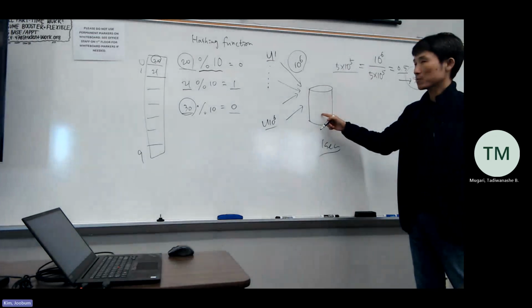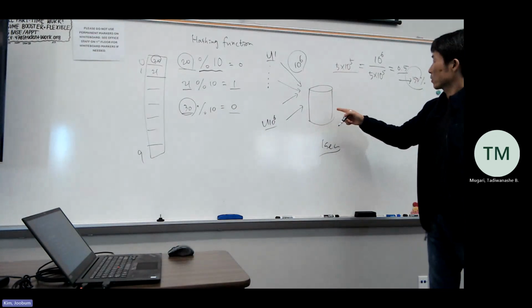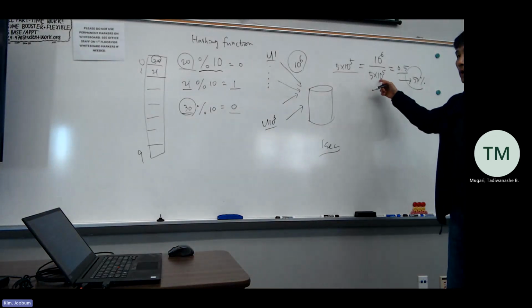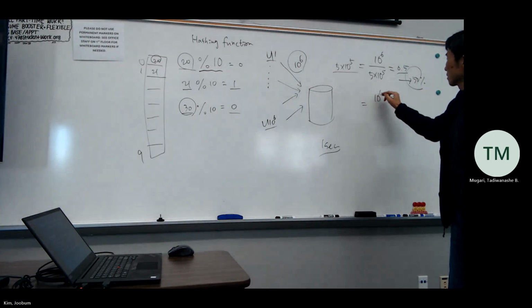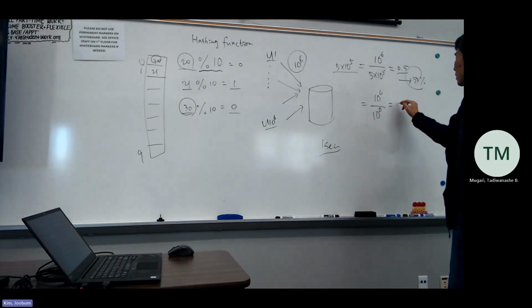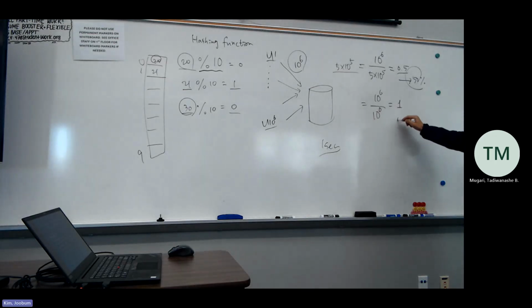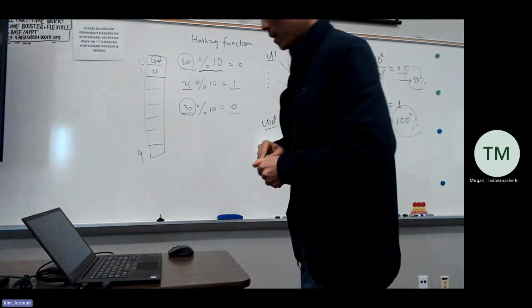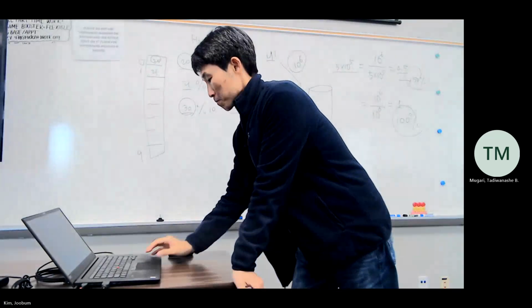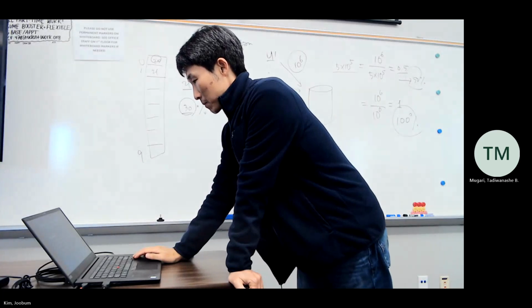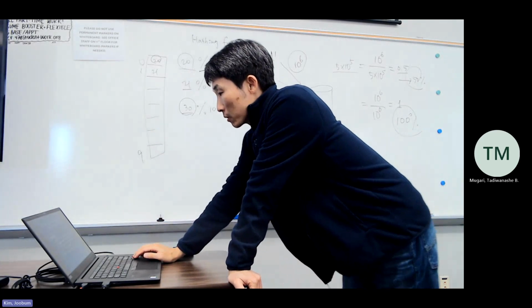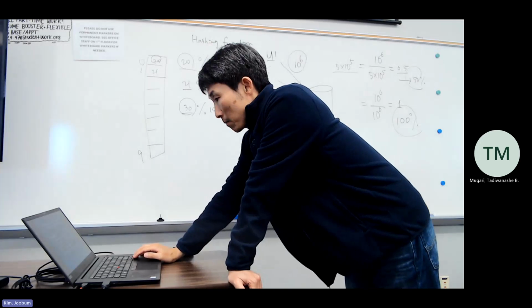But if the system is so powerful that it processes all the requests, it will be 1. That means throughput is 100%. Okay, that is the throughput concept. So that factor also should be considered for physical database design.